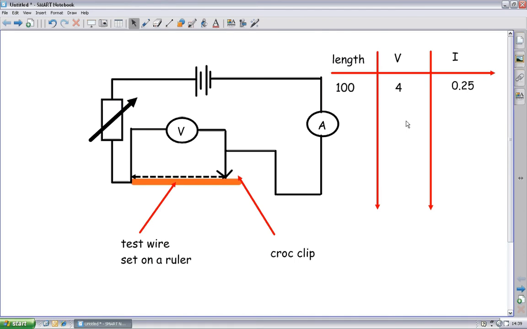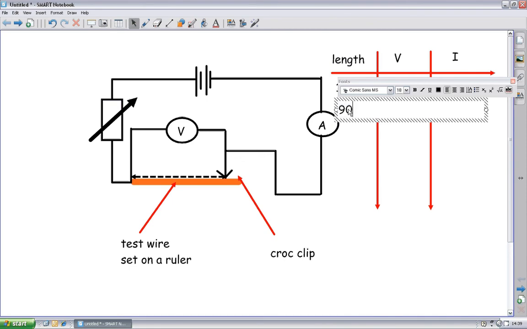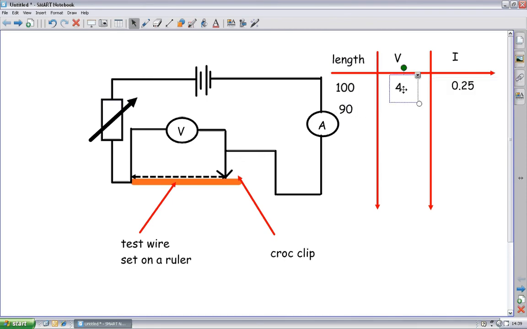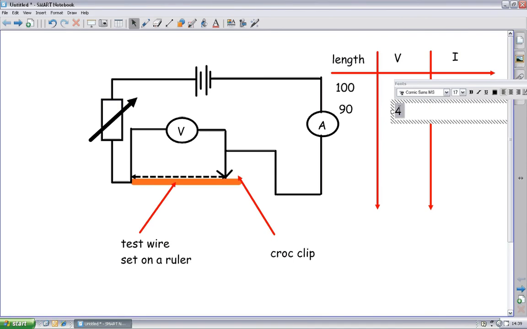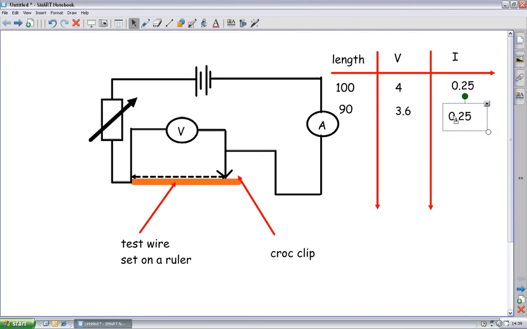So now I've got a result for, say, 90 centimeters. The voltage it uses might be a little bit smaller, let's say 3.6 volts, and the current maybe changed a little bit. It's a slightly shorter wire, slightly easier for it to get through, so let's say we get 0.27. More current going through.